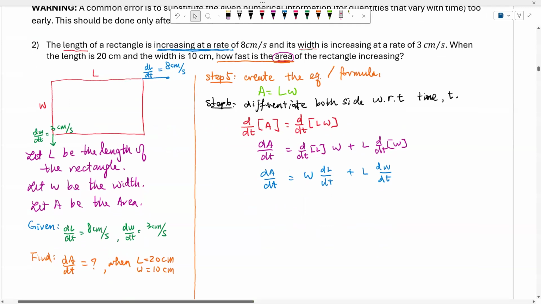Now we are going to work on the last step, step number 7.